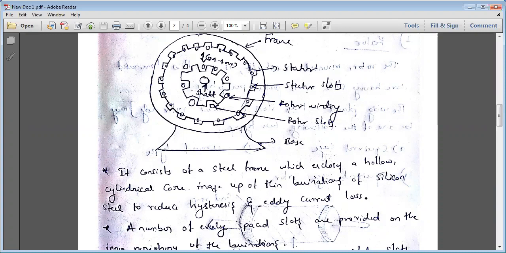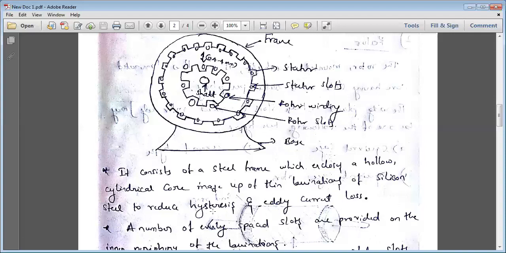See, the stator of a three-phase induction motor consists of a steel frame, and this steel frame encloses a hollow cylindrical core. This core is made up of thin laminations of silicon steel, used to reduce the hysteresis and eddy current losses in three-phase induction motors.